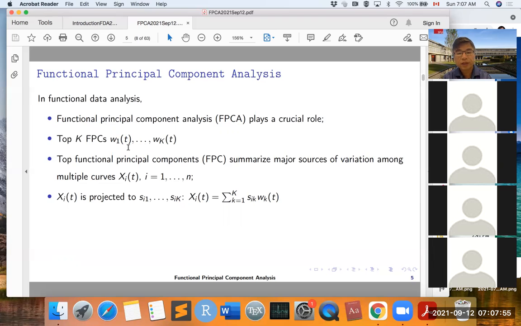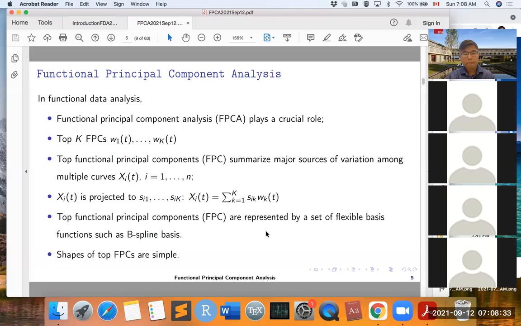The top FPCs will summarize the major source of variations among multiple curves, Xi(t). The curve Xi(t) is projected to the FPC scores Si1 to SiK. So the function Xi(t) can be written as a linear combination of the FPCs Wk(t), and the coefficients will be the FPC scores Sik.